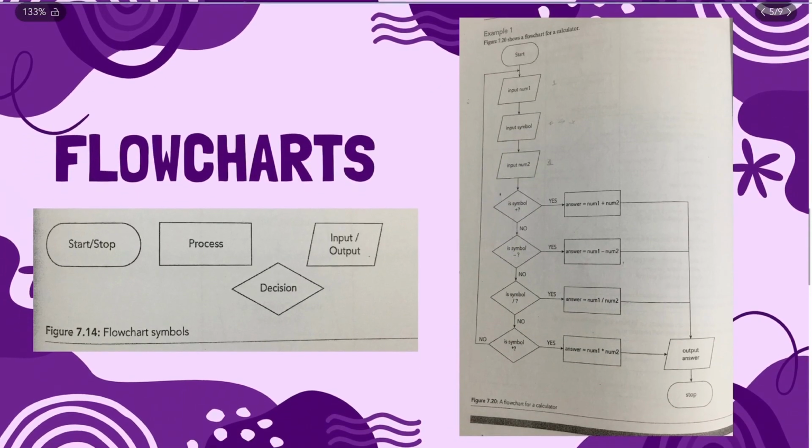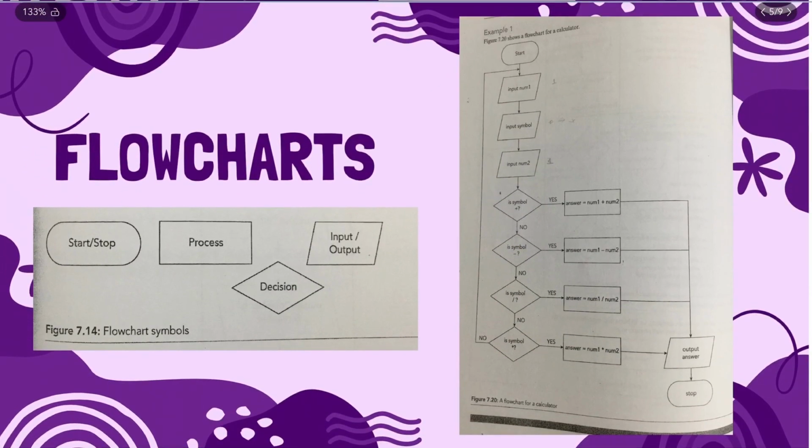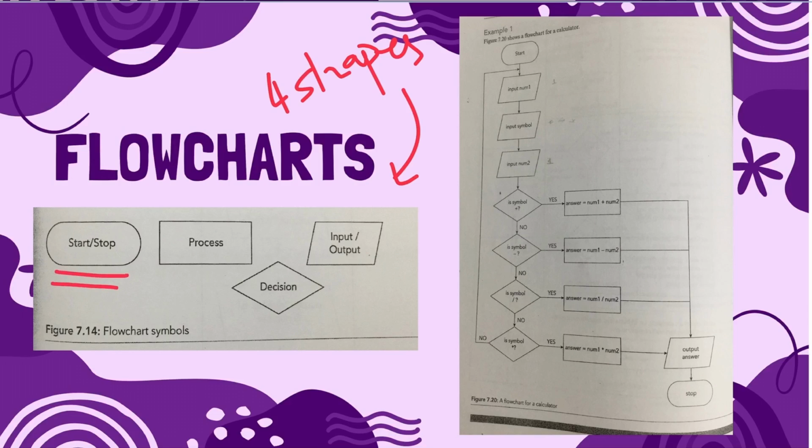Next is flowcharts. Now there are 4 main, very important flowchart shapes. And you need to memorize them so that you can use them in exam questions you might have. So for starting or stopping an algorithm, it is this oval shape, which is used for start or stop.